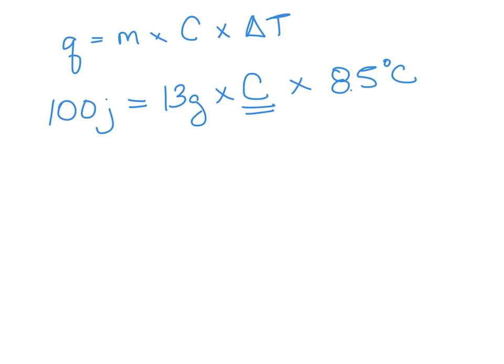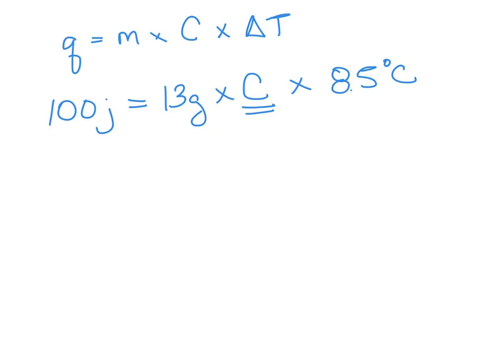So now to find the unknown, what you want to do is rearrange the formula so that you only have the unknown on one side and then your answer will be on the other. So that means what we need to do is move 13 grams and 8.5 degrees Celsius over to the other side so that we can solve for heat capacity.